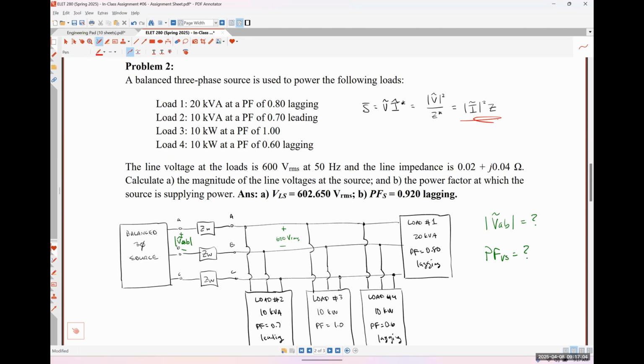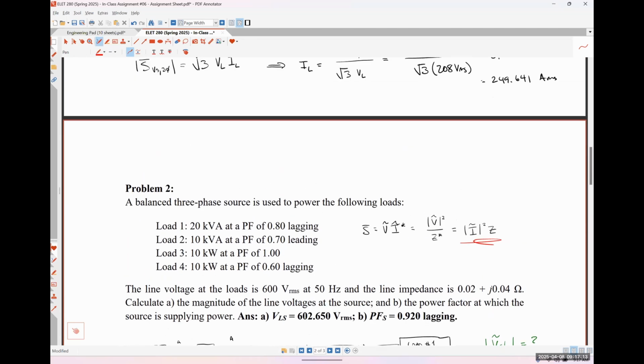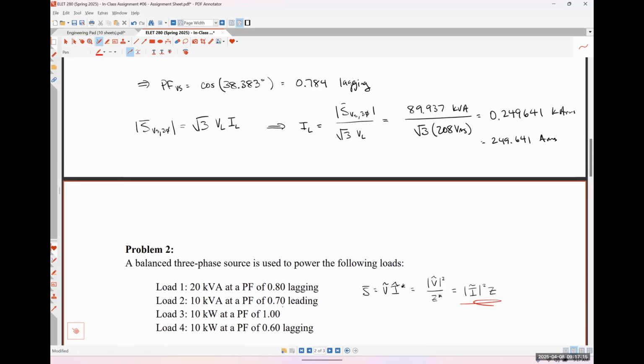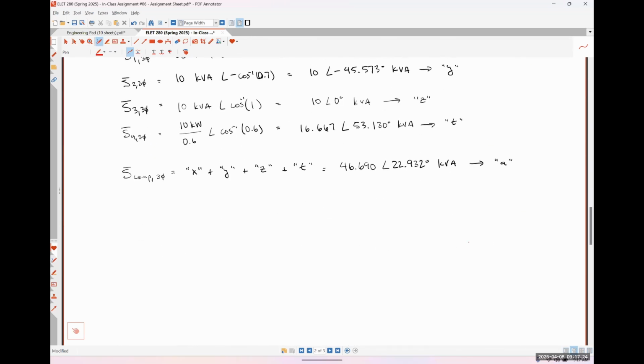So how do you think I'm going to find the magnitude of my current? It's exactly what we did in problem 1 when we found our line current, because that's literally what we're looking for, right? So the magnitude of our line current is going to be the apparent power absorbed by our composite load divided by √3 times the voltage drop across our load.